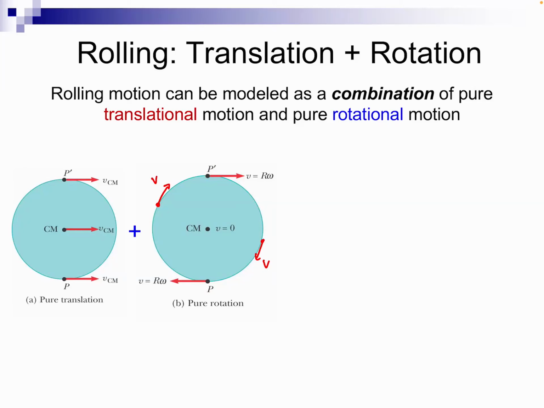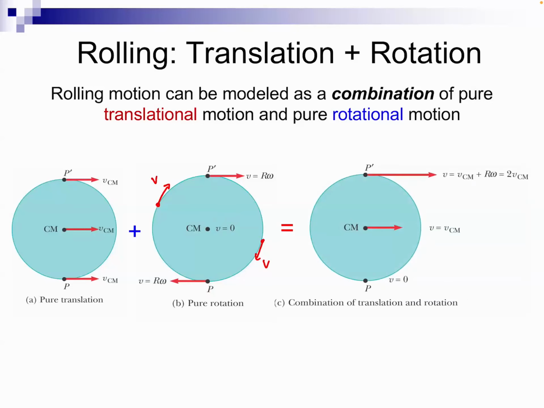So if you look at rolling as a combination of translation and rotation, the resulting motion will be 0 at the bottom because you have two velocities in opposite directions. The velocity of the center of mass will be equal to the velocity of the translational motion. During the purely rotational motion, your center of mass is just at the same place, right?